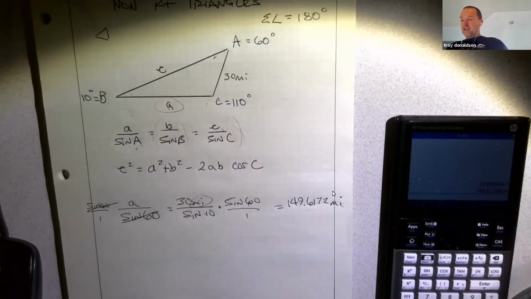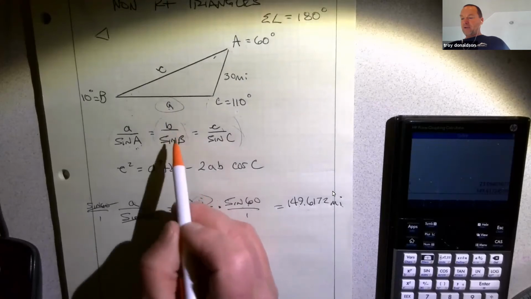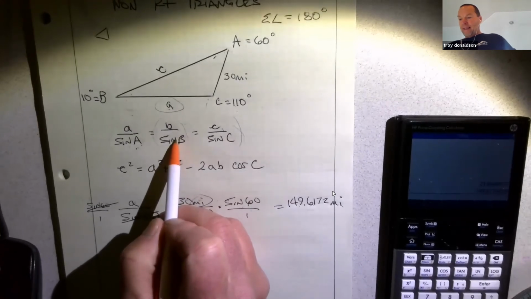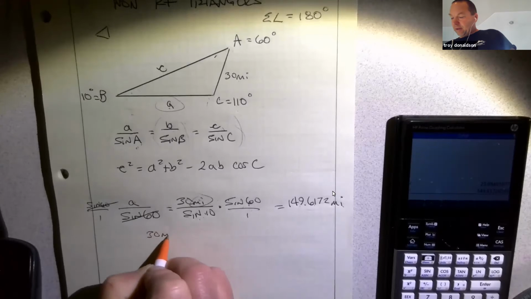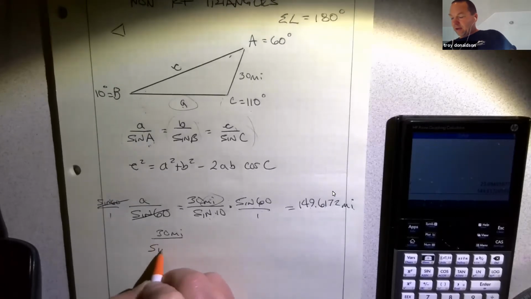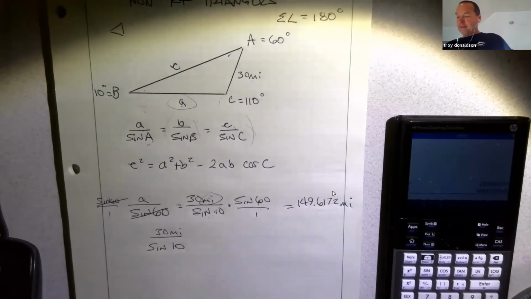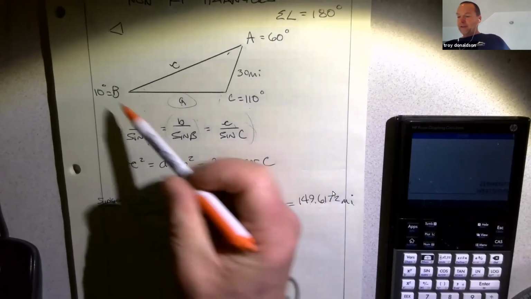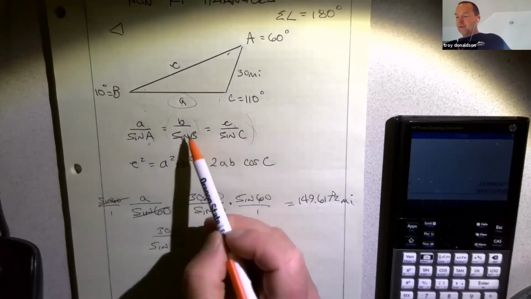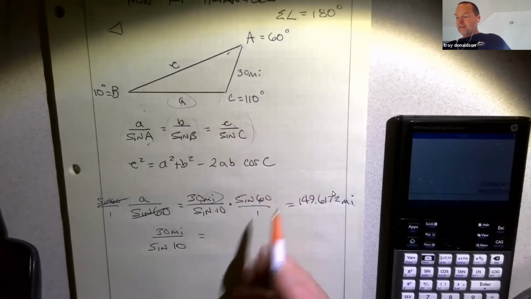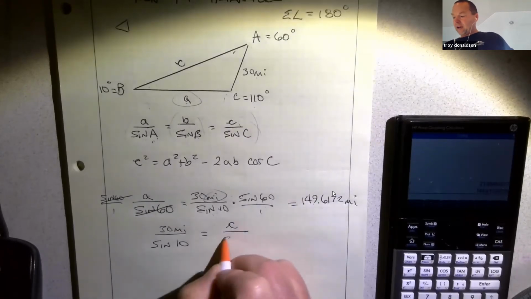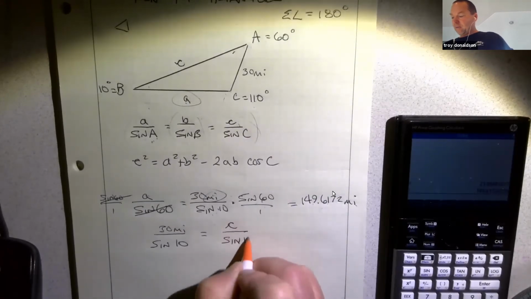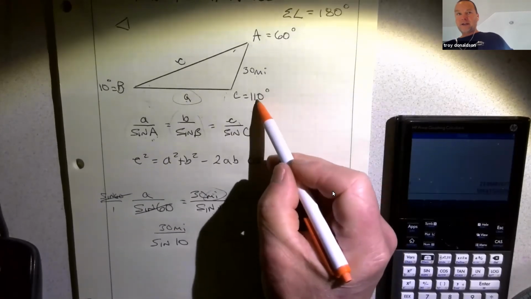All right. So let's check on C. I'm going to use B over the sine of B. So side B is 30 miles over the sine of 10 equals, and that's the B angle, so it goes there. And then C, which I don't know, over the sine of 110, 110 right here.